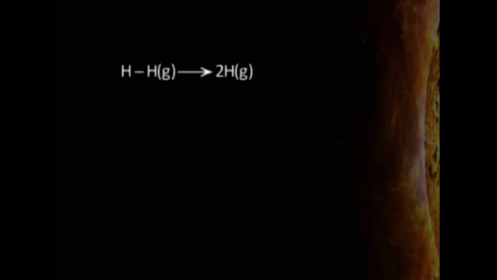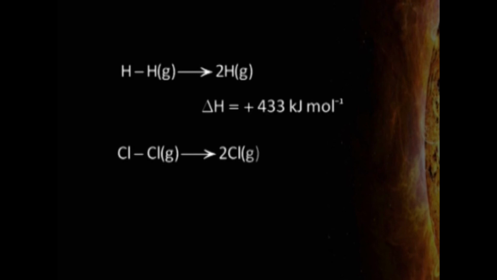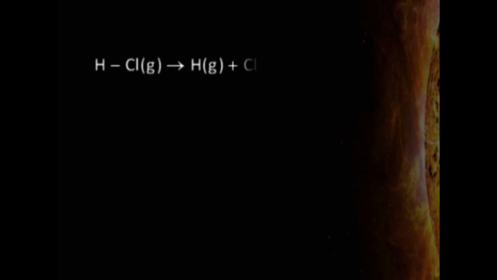For example, the bond dissociation energy of the hydrogen-hydrogen bond is 433 kilojoules per mole. For the chlorine-chlorine bond, it is 242.5 kilojoules per mole. For the hydrogen-chlorine bond, it is 431 kilojoules per mole.